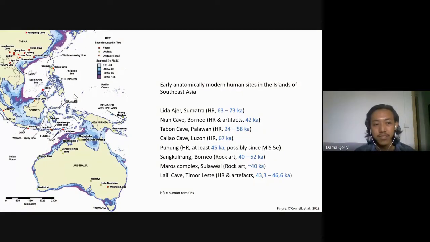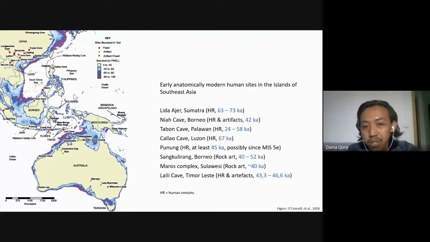The island of Southeast Asia, or Insulinde, is an important area in the study of prehistory, particularly in the hominin dispersal in the Old World. There are at least two major waves of hominin arrival in this region.